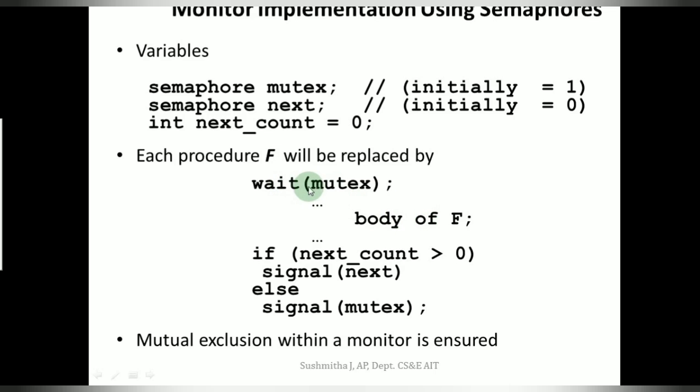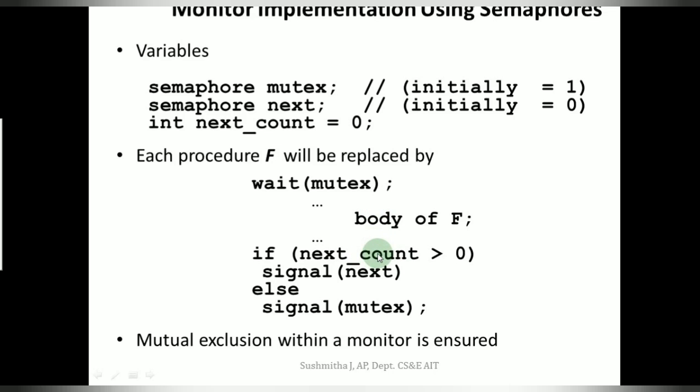Now I run wait(mutex), which is initialized to 1 and shall now have the value 0, indicating that no other process is allowed. Now if the next_count, that is, if there is any process that is suspended, is greater than 0, then we run signal(next), else we would run signal(mutex), allowing the other process to work upon the procedure.